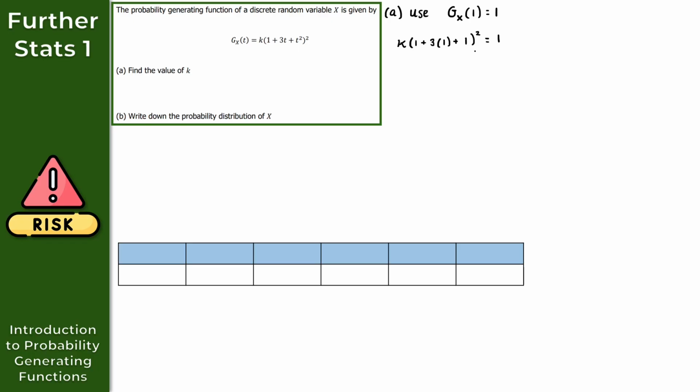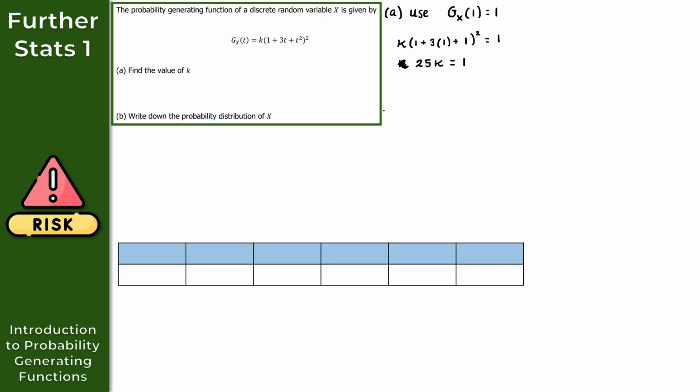Okay, so if we simplify this, I've got 1 plus 3 lots of 1, so that's 1 plus 3, which is 4, plus another 1, so that's 5. If we square that, we get 25. So I've got k times 25 here. In other words, I've got 25k, and that is equal to 1.